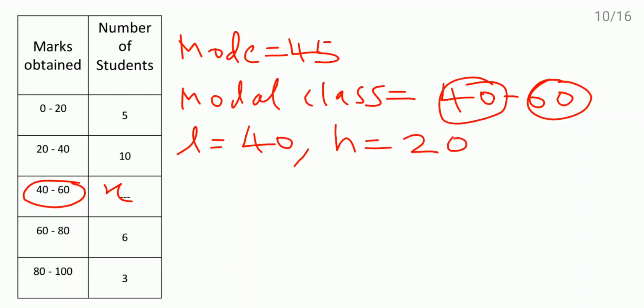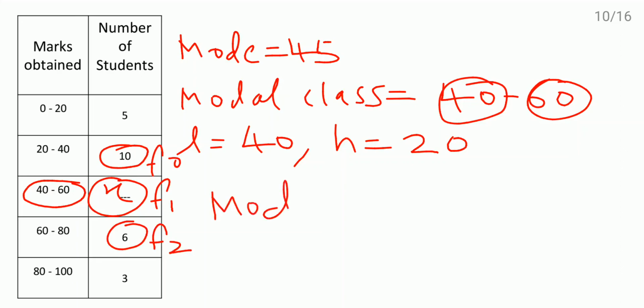Now here, this is the modal class. So this one will be the frequency, which we are calling F1. The previous frequency is F0 and the succeeding frequency is F2. Correct? Now, we will write down the formula for mode.